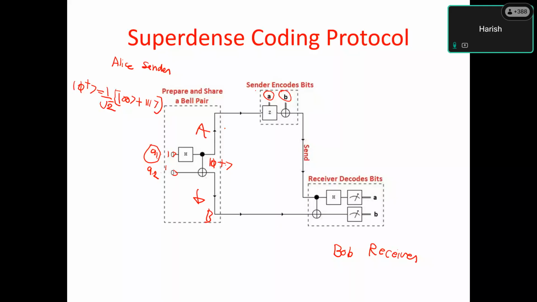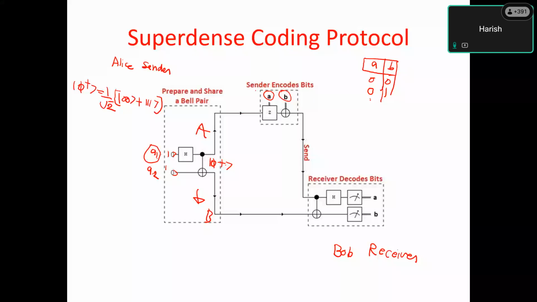Now Alice can encode the 2 bits of information in her single qubit, which is part of this Bell state pair. Suppose A and B are classical bits. What values can they take? They can take 00, 01, 10, and 11. These four possible choices are there.